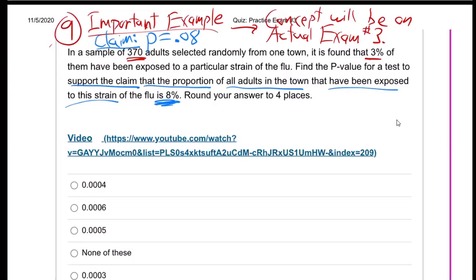It doesn't say greater or less. It says is 8%. If it said greater than 8%, then I would go greater than 8%. But it says is 8%, so equals, and it's the proportion. So it's P equals 8%.